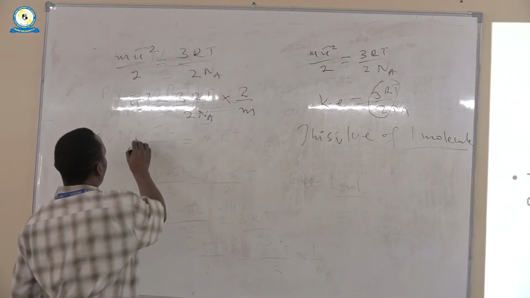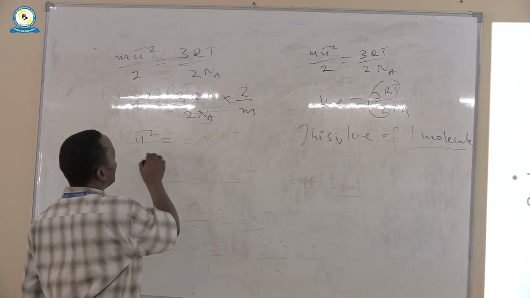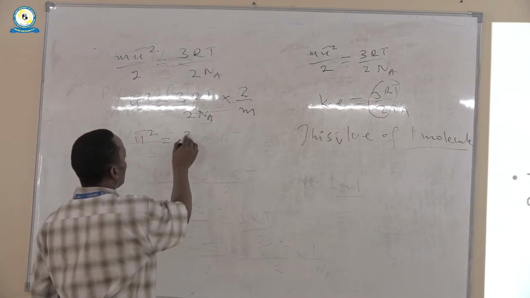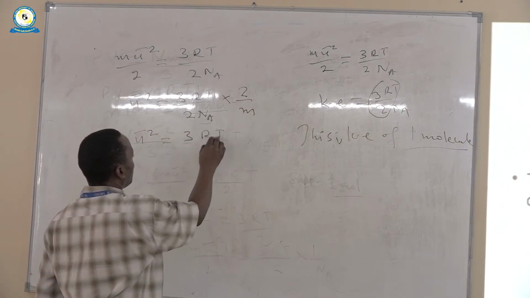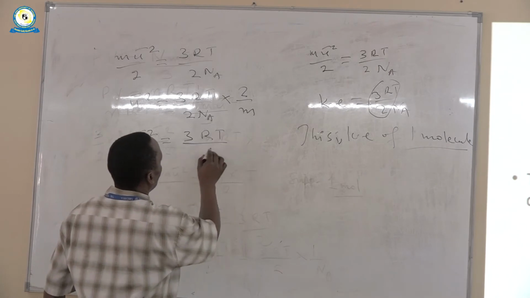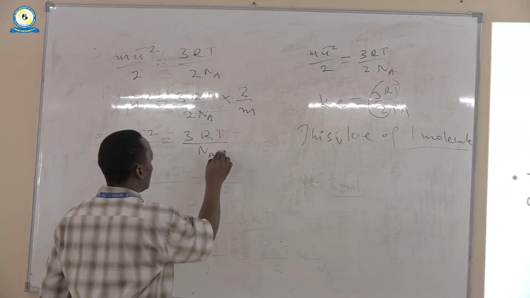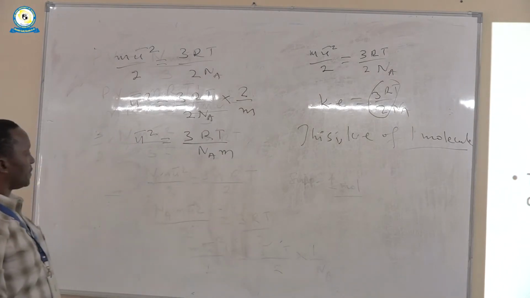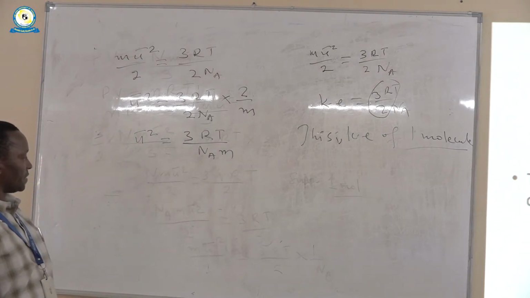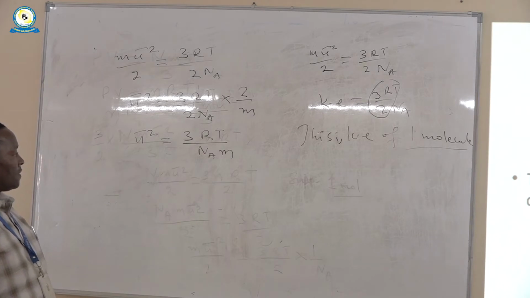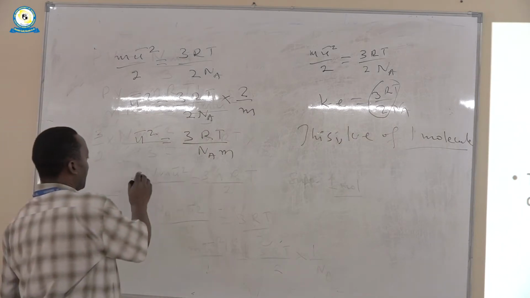So this one is equal to 3T over n times NA.